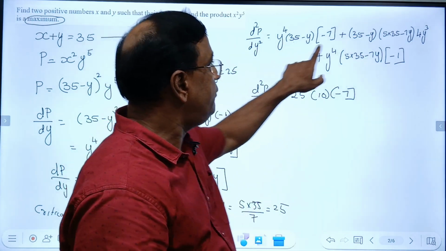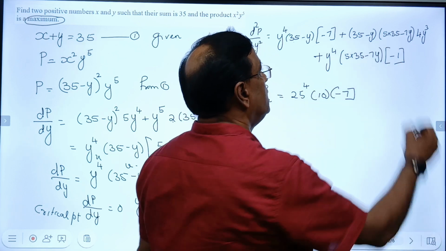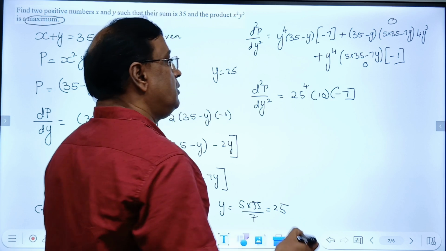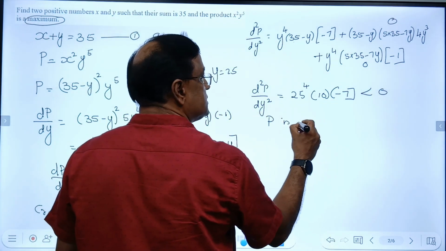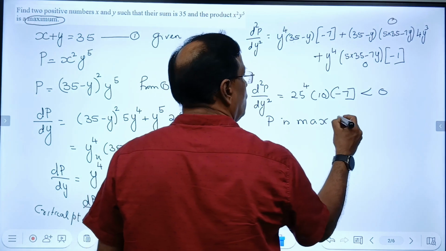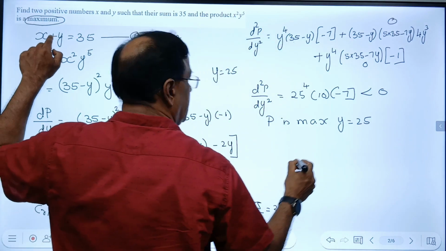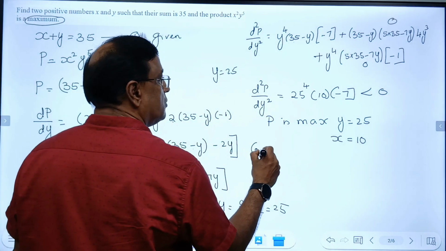Now when I put 25, two of the terms will become 0, so no need to write them. So it is less than 0. Therefore P is maximum when y is 25. So when y is 25, what is my x? My x is 10. Then you write the conclusion.